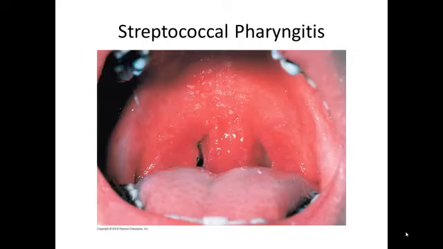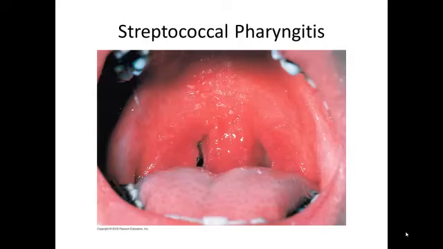Now, treatment. Streptococcal pharyngitis will clear up on its own. The reason why we treat it with antibiotics is to shorten the duration, because if we shorten the duration, you're less likely to get complications. Streptococcus pyogenes can spread to the blood system and create scarlet fever.